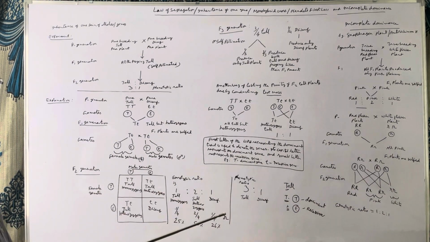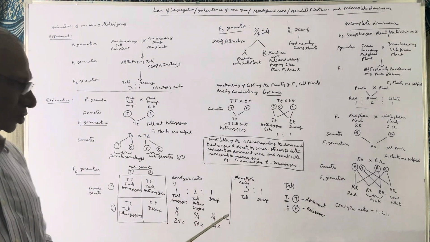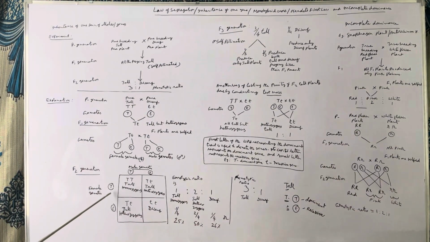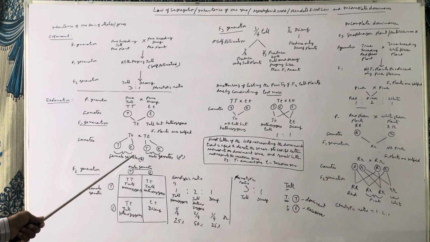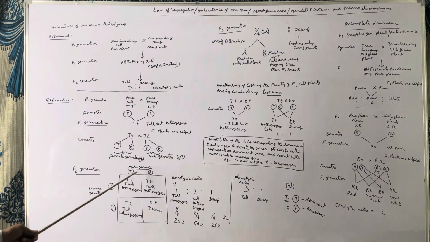This combination can be easily represented through a Punnett square map. This is called Punnett square. Here, graphically, we represent the possibility of combination of these gametes. So here I have written male gametes on the top, and on the left side I have written female gametes.